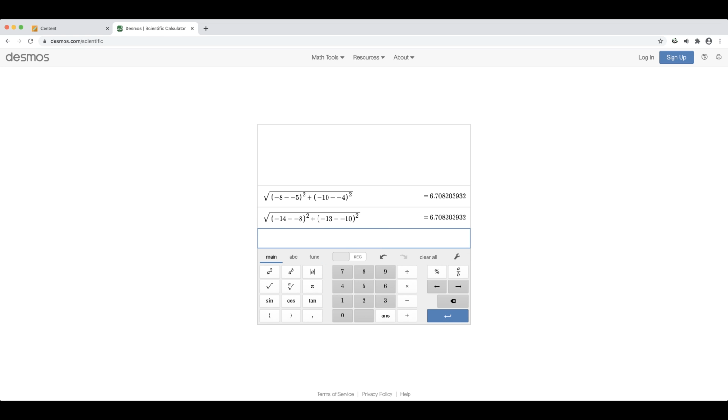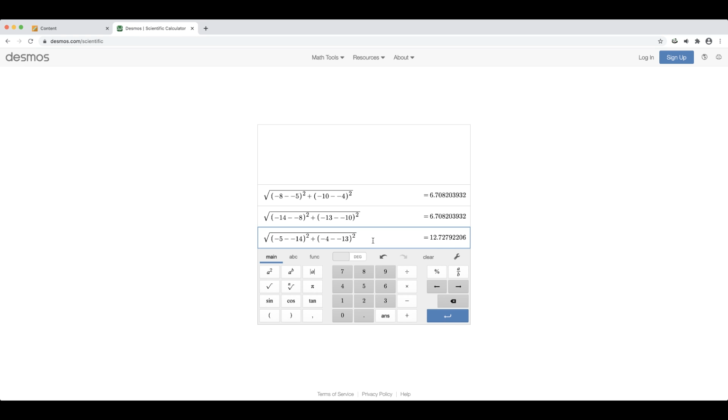So that needs to equal, again, the square root of -5 minus -14, squared, plus -4 minus -13, squared. Oops, that 2 is way out there. It's not supposed to be there. It's supposed to be in here. So be careful.